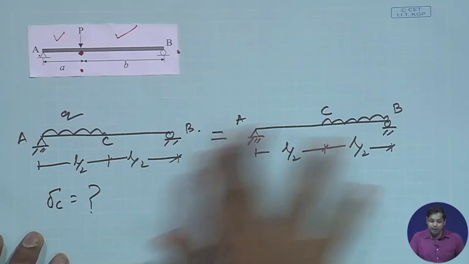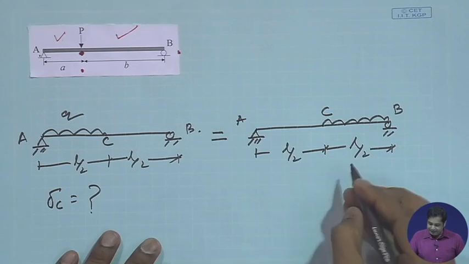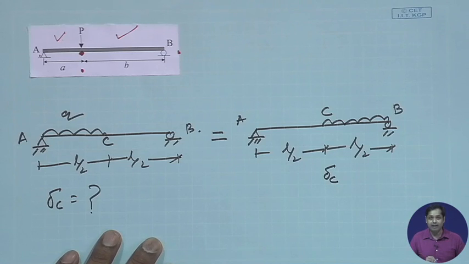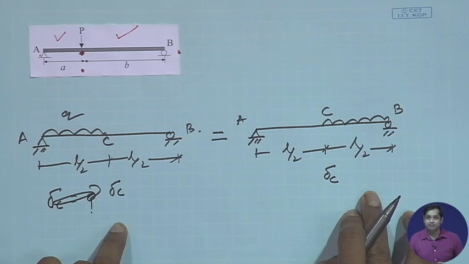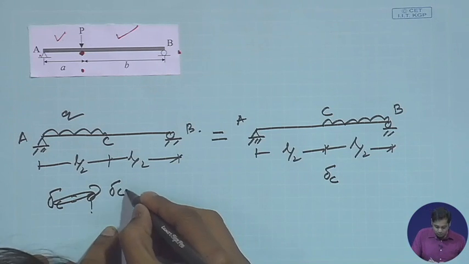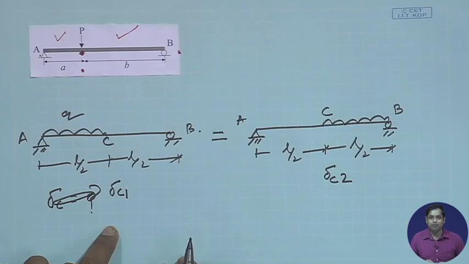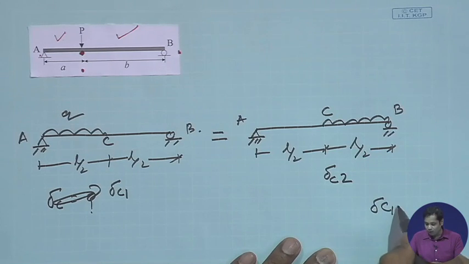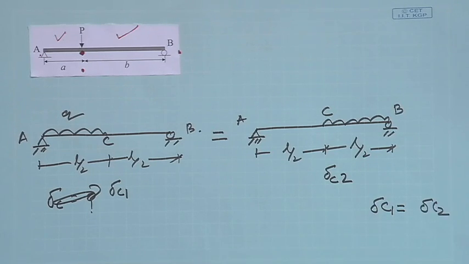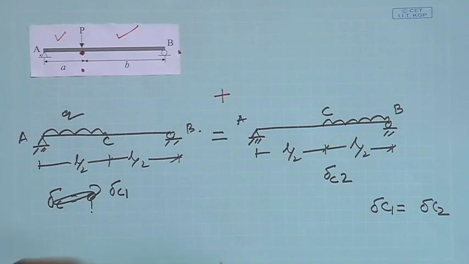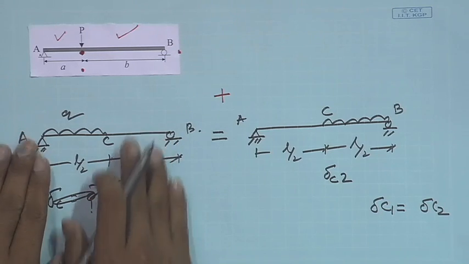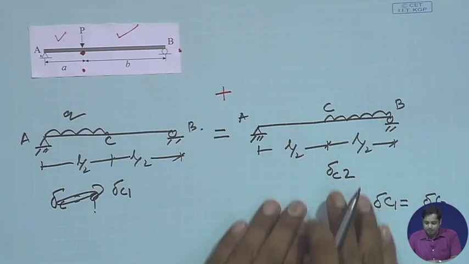Great. Now if these two problems are the same, then delta C here and delta C here should be the same, isn't it? Suppose they are delta C1 and delta C2, so delta C1 is equal to delta C2.